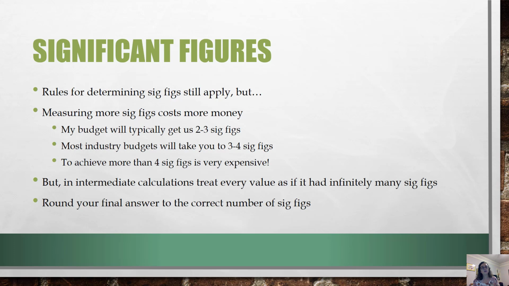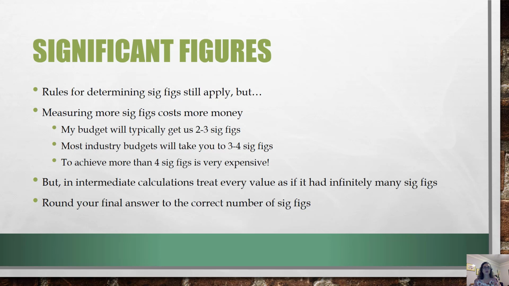I had you do this mass using a kitchen scale. I could have gotten an extra significant figure by using a laboratory quality scale, or a very good laboratory scale could have gotten me 2 more significant figures. Most of the time the budget for this class is going to get us 2 or 3 significant figures.